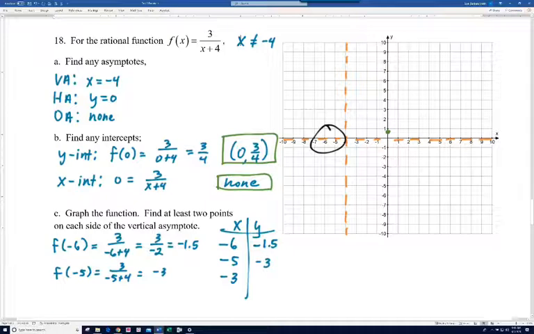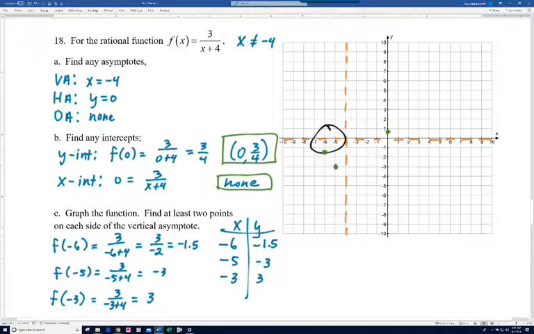If you plug in -3, you have 3 over -3 plus 4, that's 3 over 1, which is 3. And so now let's put in these points. So -6, -1.5, and -5, -3. Notice those 2 points there.